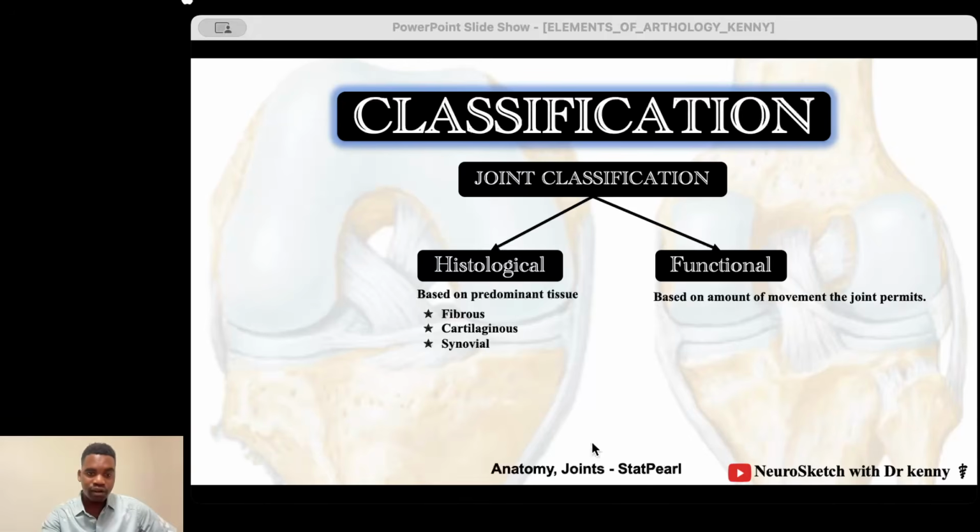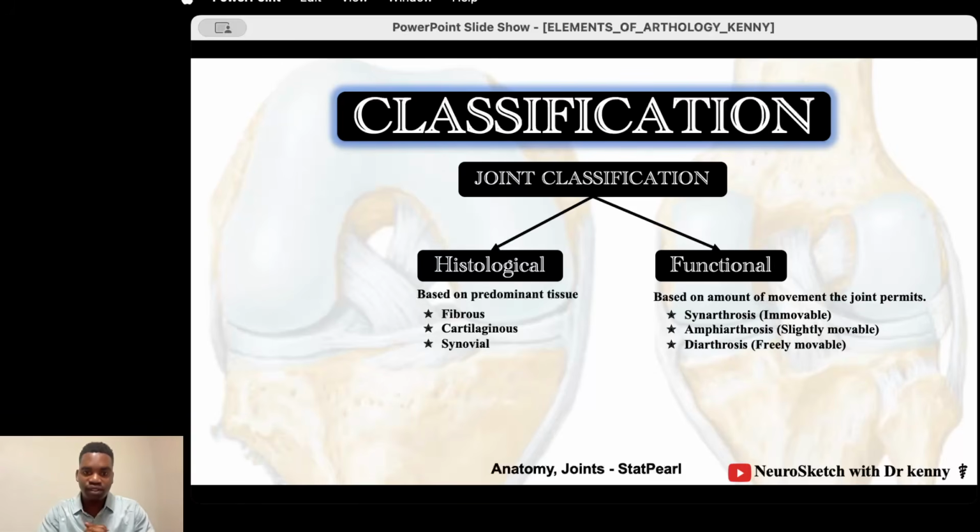That is histological classification. But on the functional classification, depending on the degree of the movement, the ability to allow movement, we have synarthrosis, which is an immovable joint, and then we have amphiarthrosis, which is a slightly movable joint, and we have diarthrosis, which is a freely movable joint.